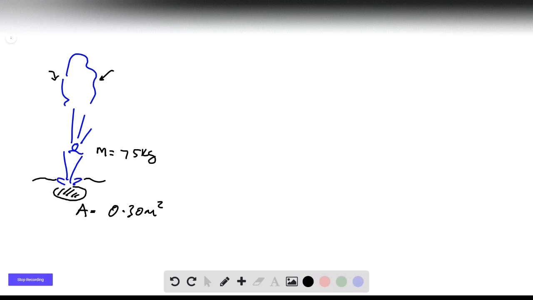Then the ultimate strength of the body tissue for the parachutist, which we usually define as the force over the area, is 5 times 10 to the 5 Newton per meter squared.